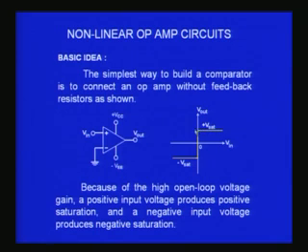So what you get is almost a vertical line here, but it is in principle not a vertical line. The slope of this line will be the open loop gain, and then this becomes the transfer characteristics which we have already discussed. So the positive voltage produces positive saturation, negative voltage produces negative saturation.